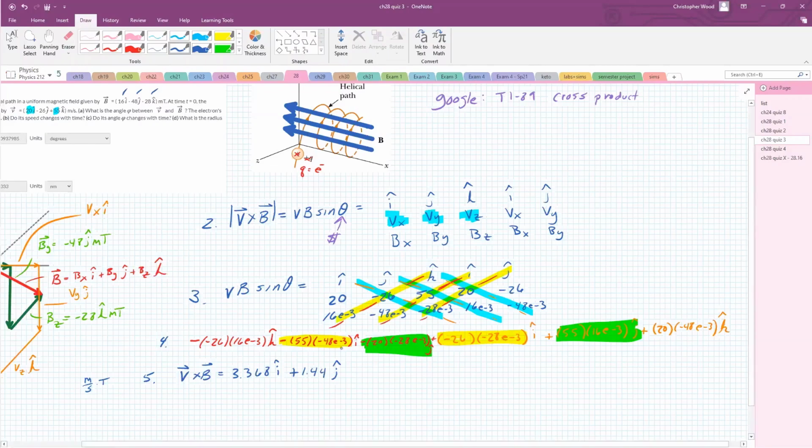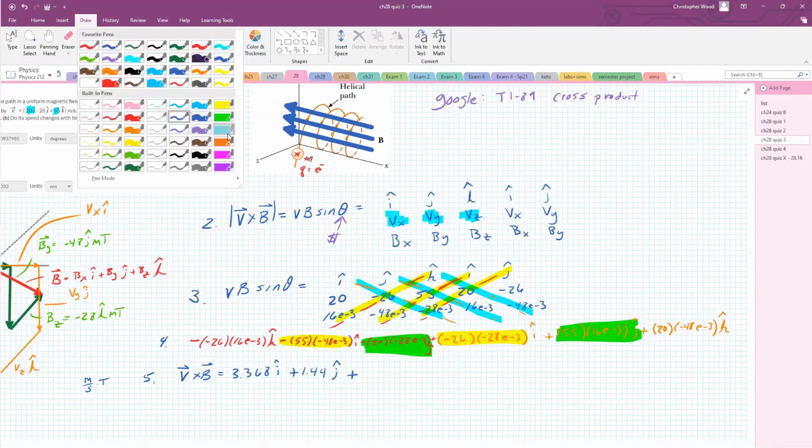Okay, and then K hat. My K hat terms, there's two of those.